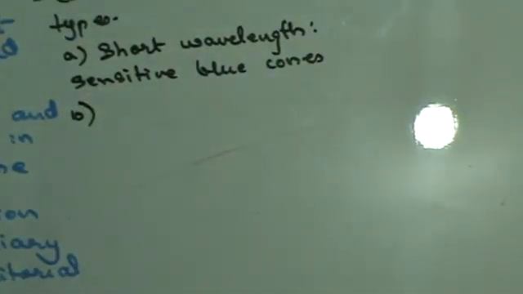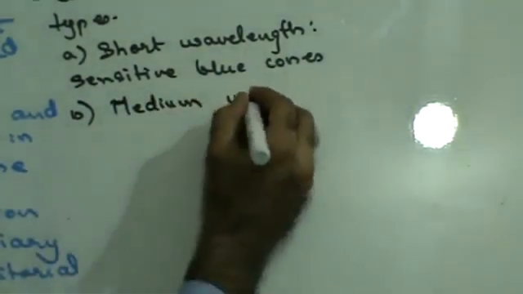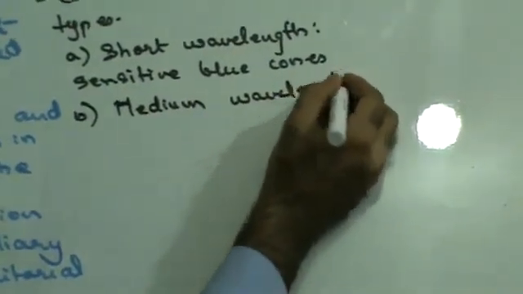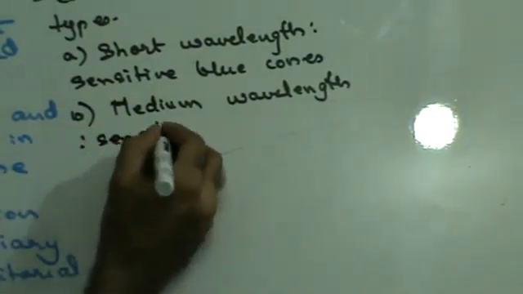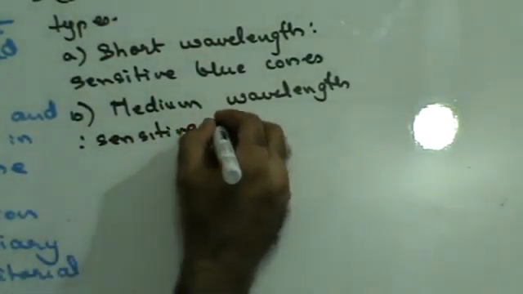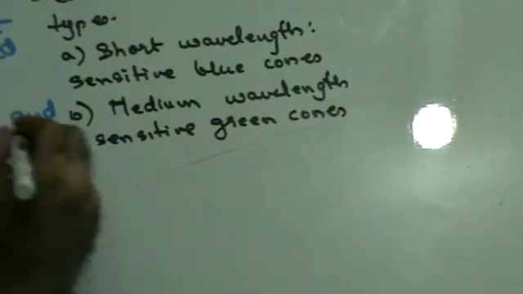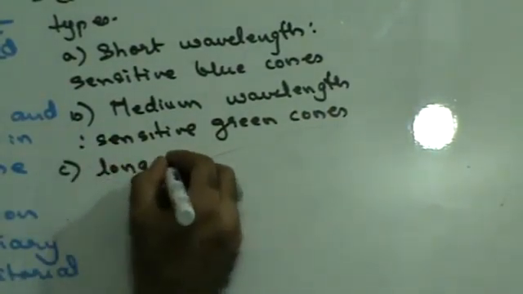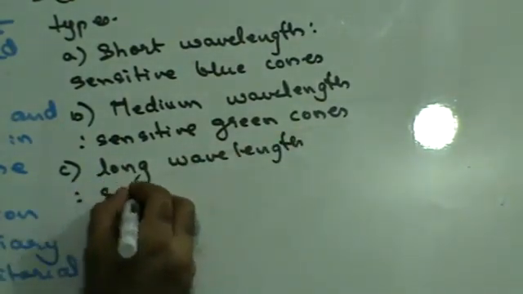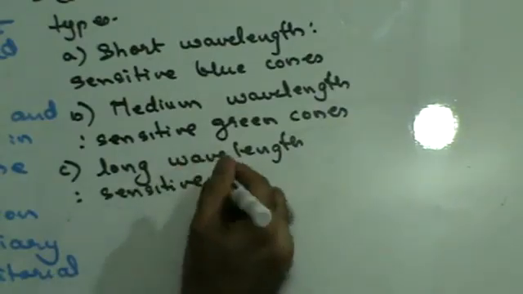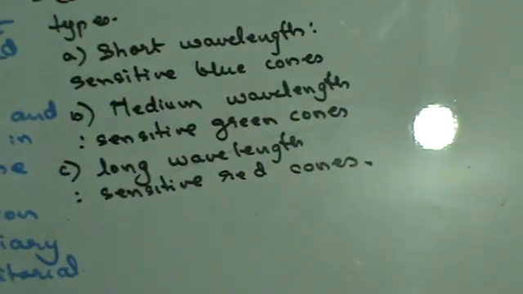Then you have medium wavelength, the ones which are responsive to medium wavelength, which are sensitive green cones. And the third is long wavelength, the ones which are responsive to long wavelength. These are your sensitive red cones. So those are the three layers of the eye, right?